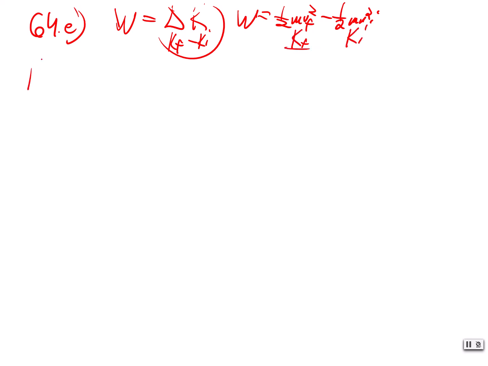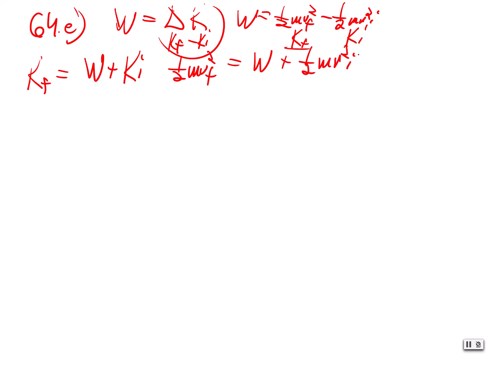So K final is equal to what? Well, it's the work plus the kinetic energy initial. So then we have 1/2 mv squared final is equal to work plus 1/2 mv squared initial. All right? You with me?